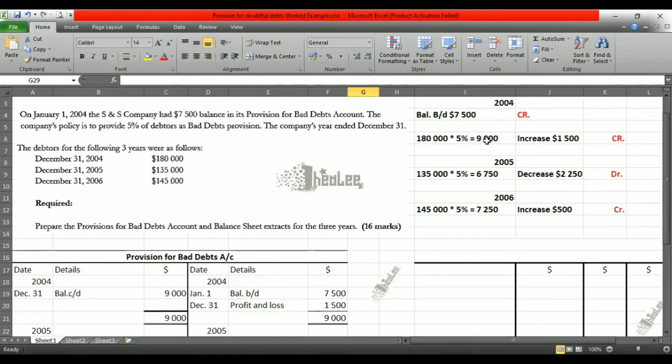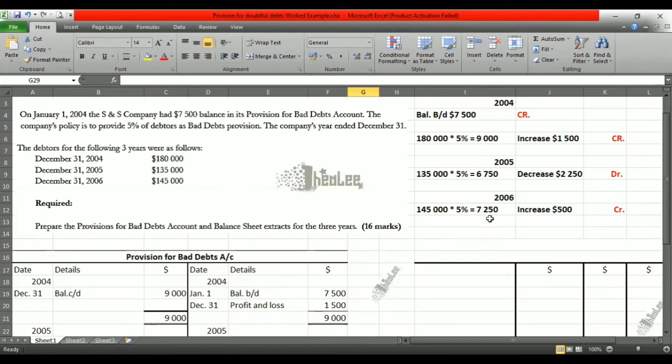So the 9,000 is your balance brought down coming out of 2004. 6,750 is the balance brought down coming out of 2005, while for 2006, your balance brought down is $7,250.